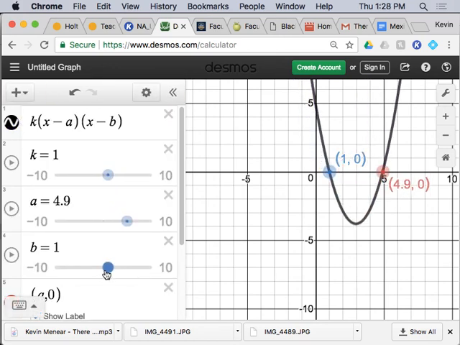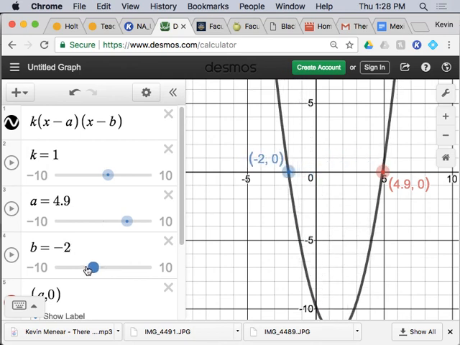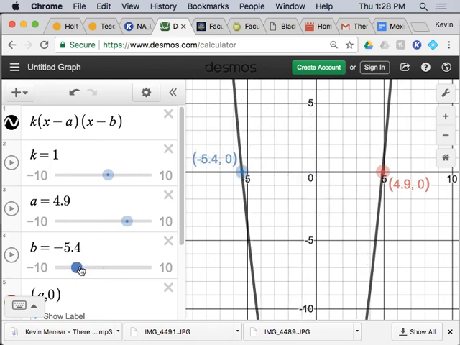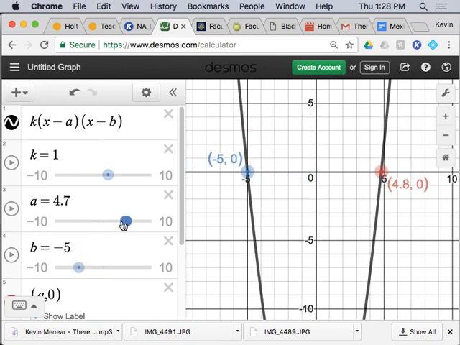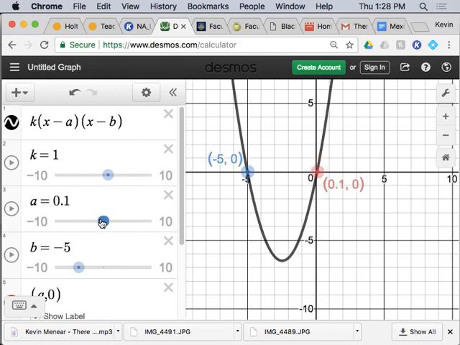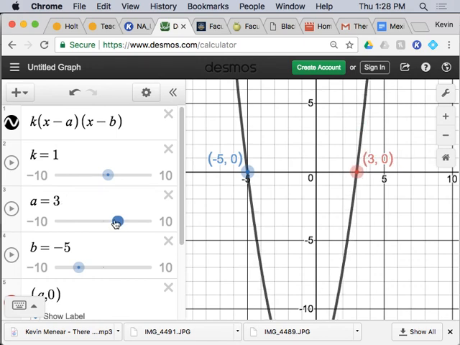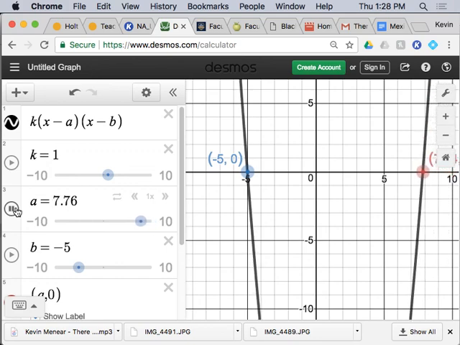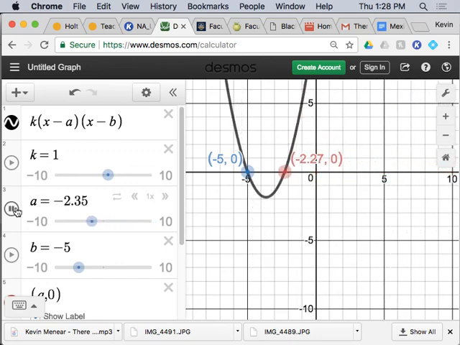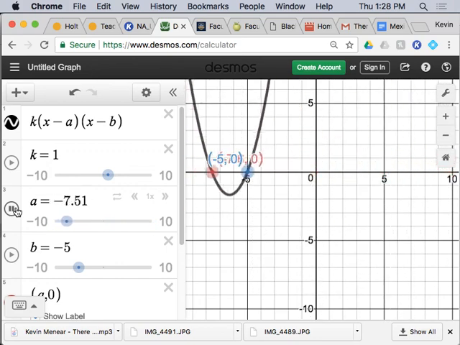So notice when I change A and B, it changes the zeros. You see B is -2, there's my 0 at -2. Make it -5, there's my 0. If I change A, it changes my zeros. If A is equal to 0, there's a 0 at 0. If it's equal to 3, there's a 0 at 3. Does that make sense? You see, so as A changes or B changes, the zeros change.